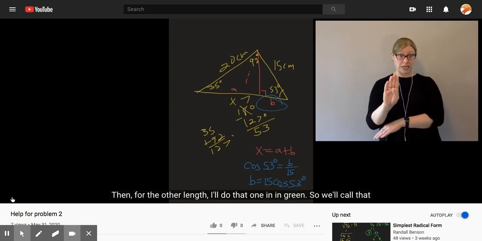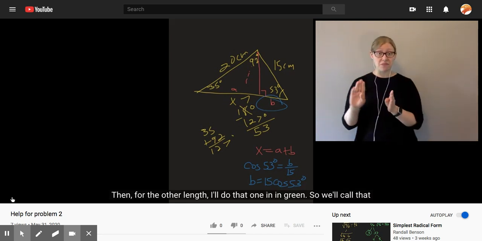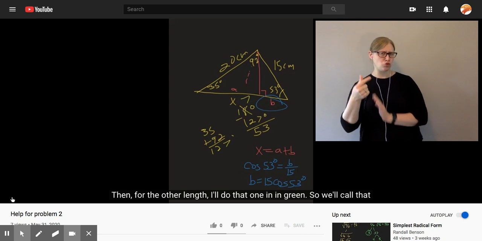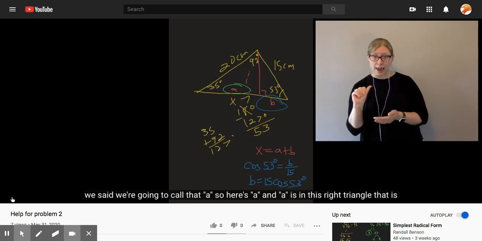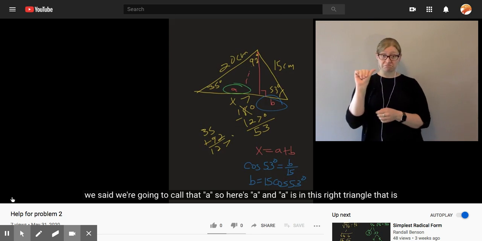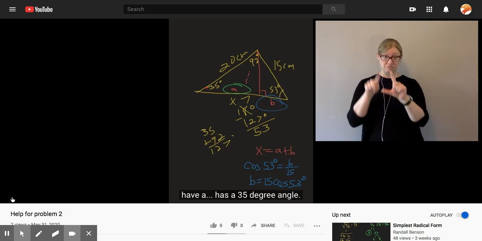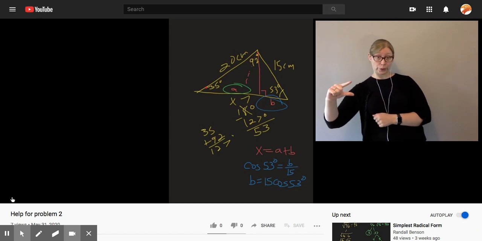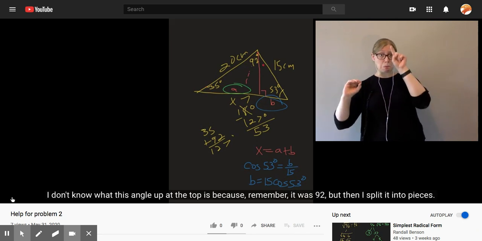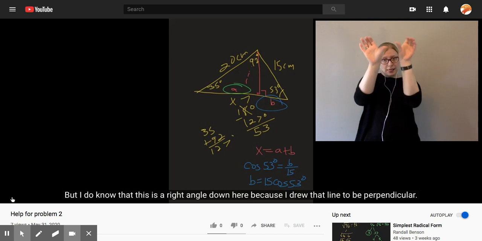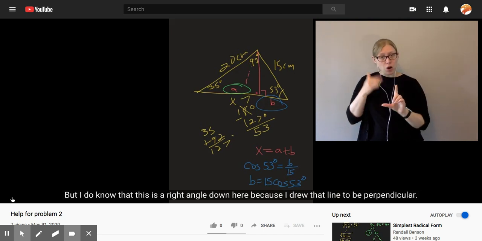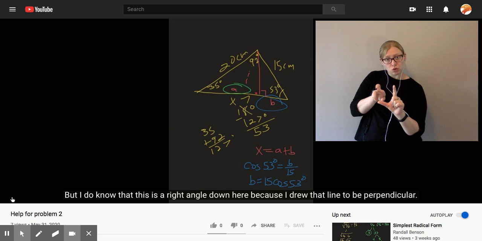Then for the other length, I'll do that one in green. We said we're going to call that A. So here's A, and A is in this right triangle that has a 35-degree angle. I don't know what this angle up at the top is because remember it was 92, but then I split it into pieces. But I do know that this is a right angle down here because I drew that line to be perpendicular.